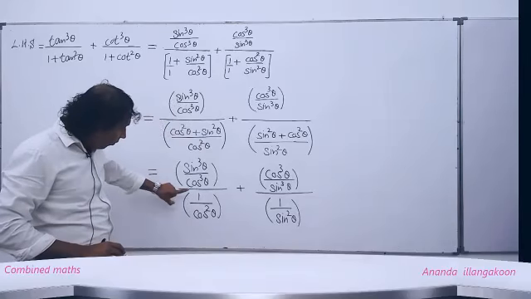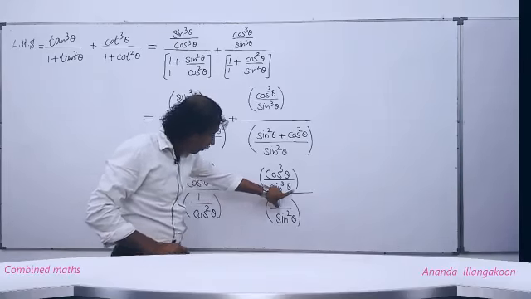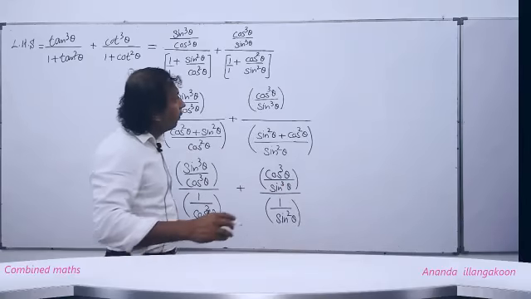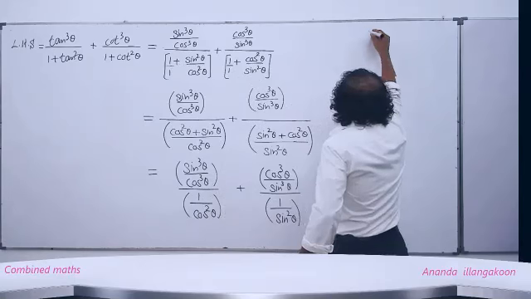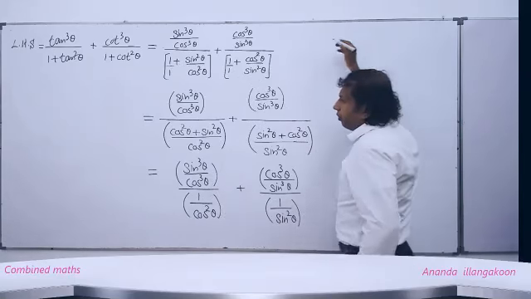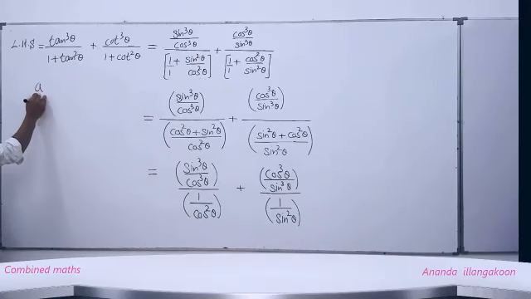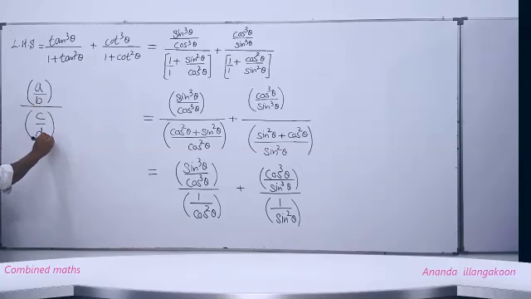Now people remember, when we have a division this way, for example, consider A by B, whole thing divided by C by D. Then we can very easily simplify this kind of division of two fractions.